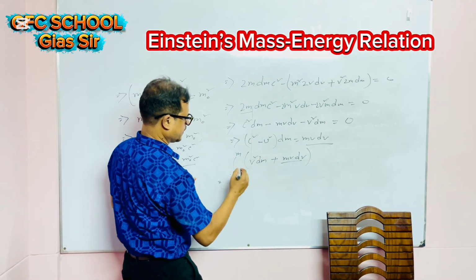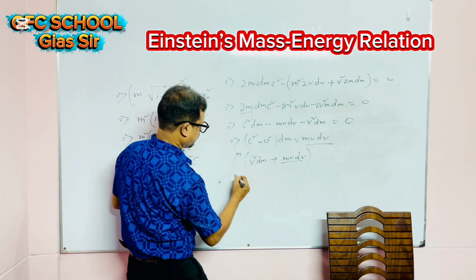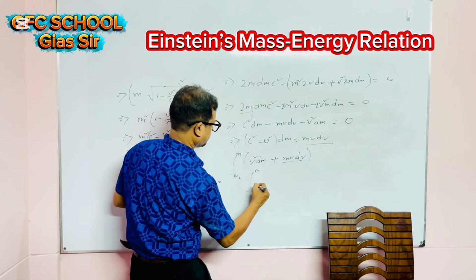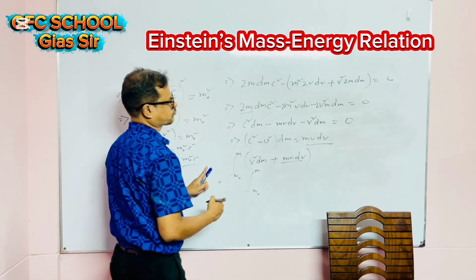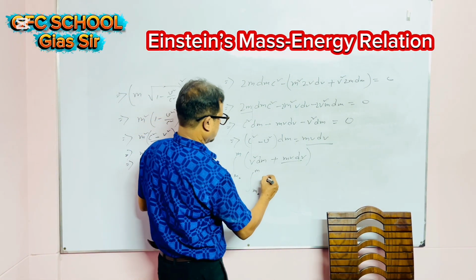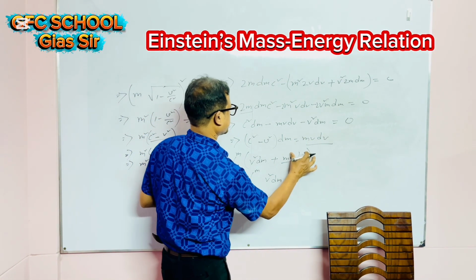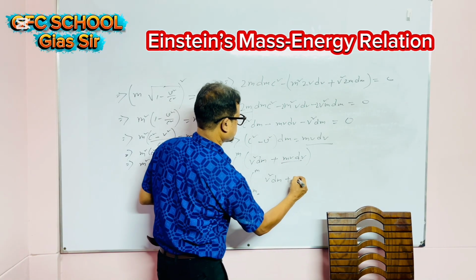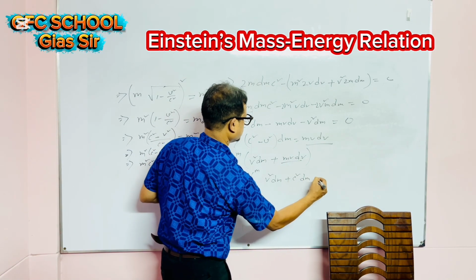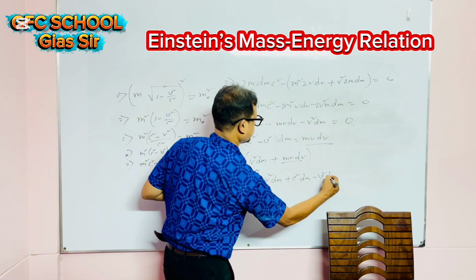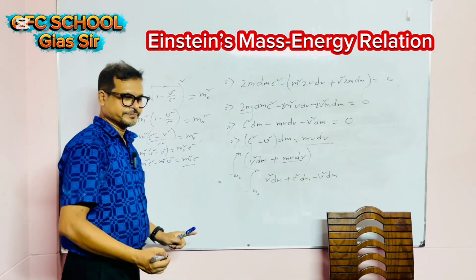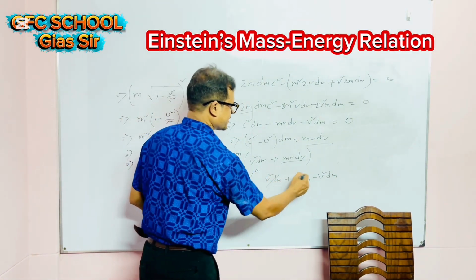That means here actually m naught, v squared dm, this equals this plus c squared dm minus v squared dm. Okay, that means this cancels.